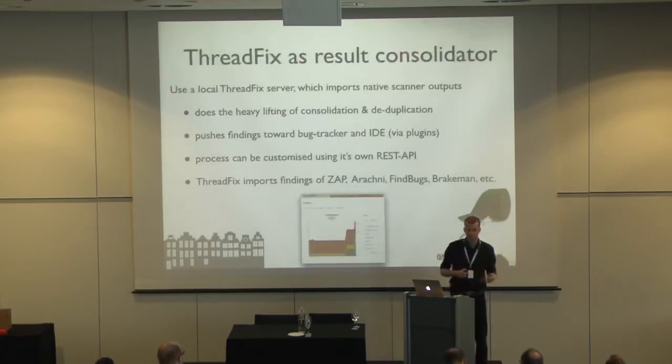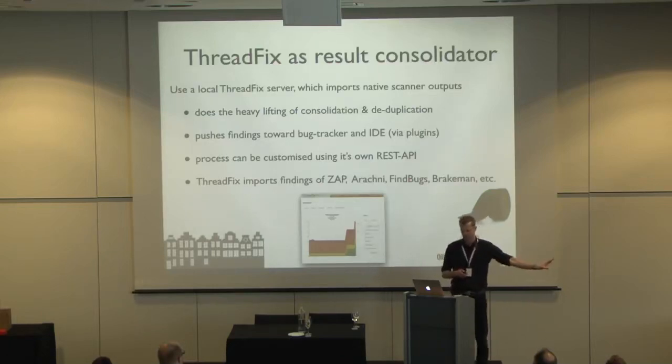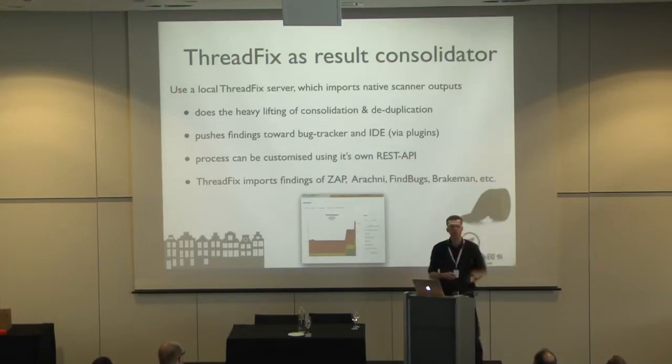For this, you could use ThreatFix, a very, very good tool. It's a server that you can start that basically imports native scanner results and has a way of deduplicating and consolidating them and pushing them forwards to the developers in the IDE or in the bug tracker system.